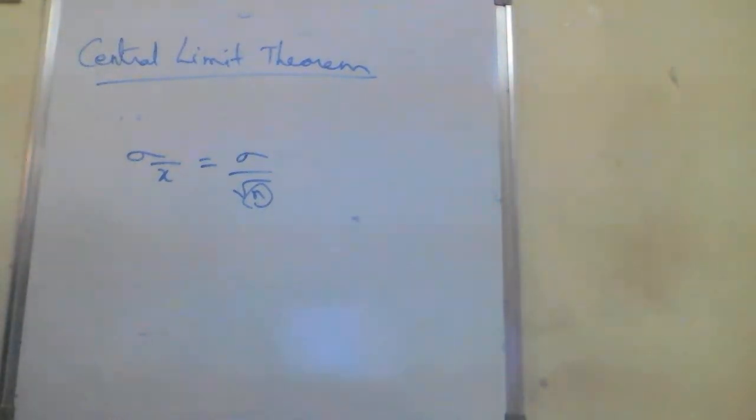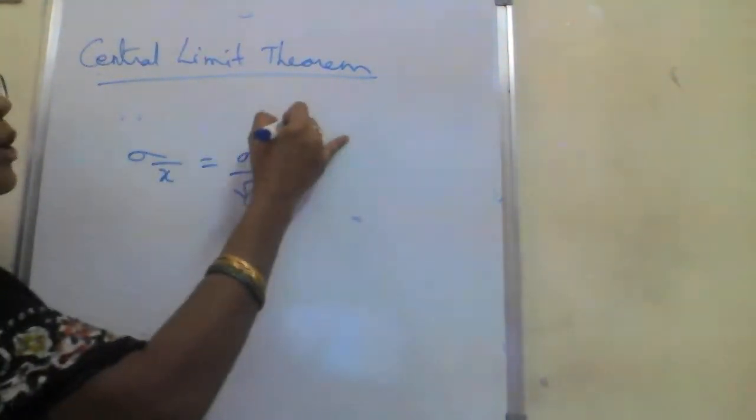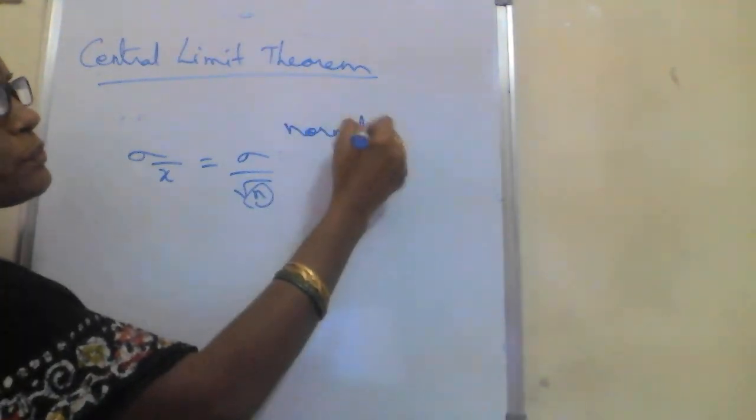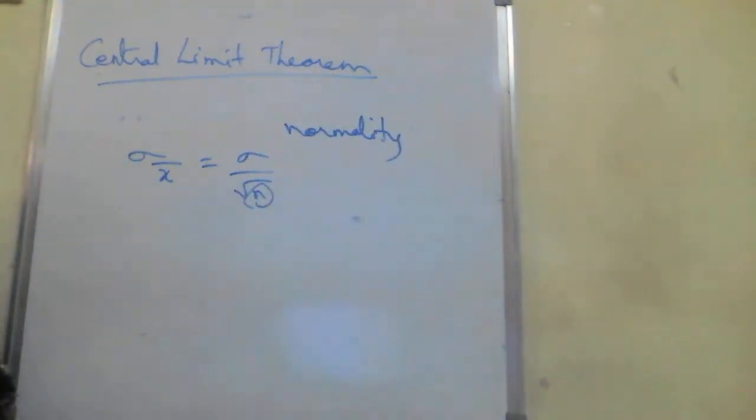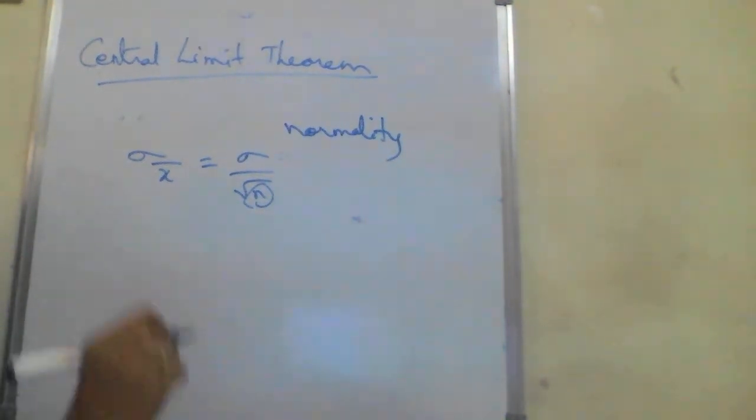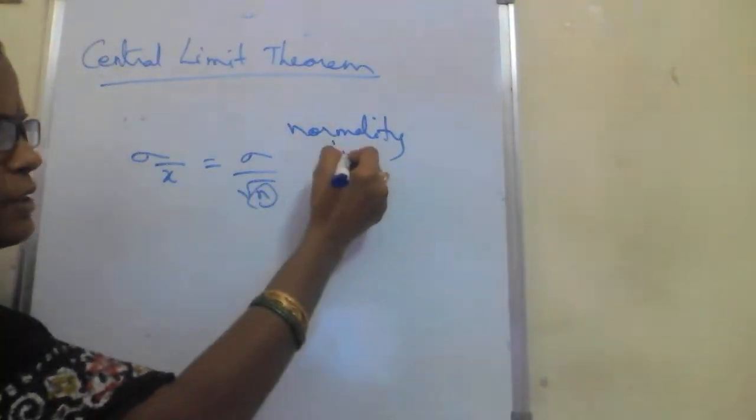You only remember a particular sentence: this central limit theorem assures us that the sampling distribution of mean will approach normality as the sample size increases.